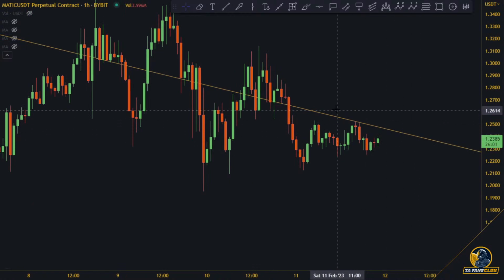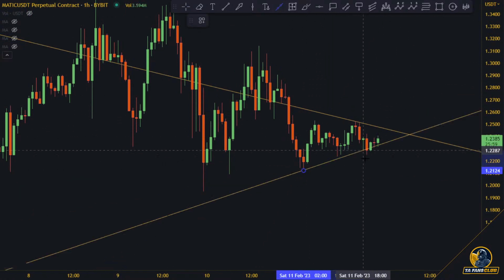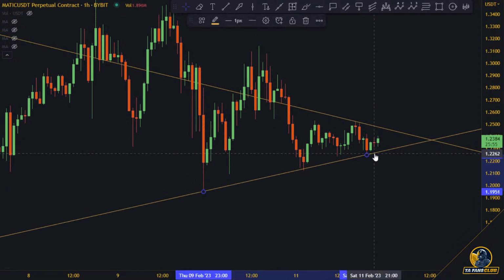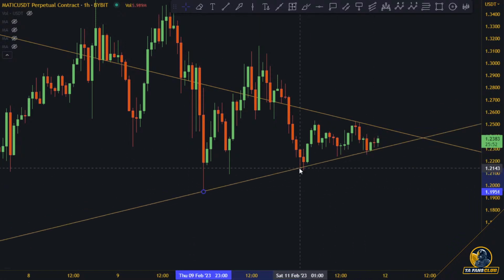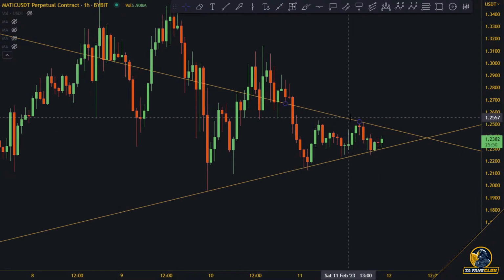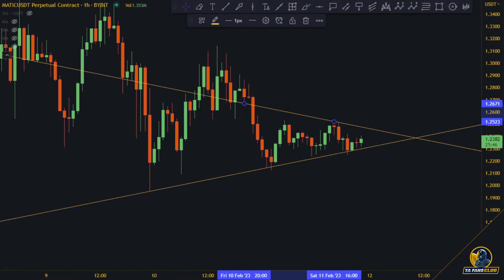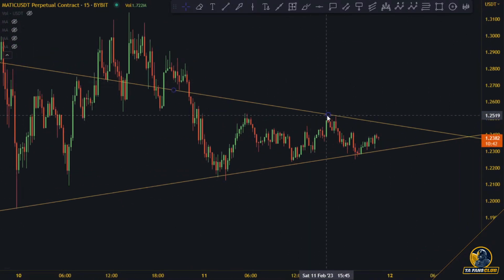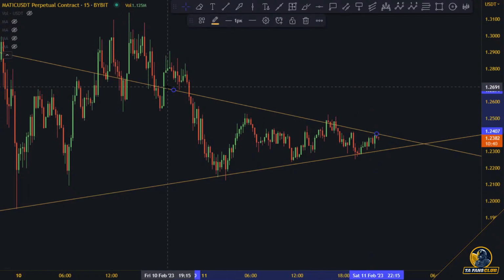Maybe something like this over here. Give or take, it's gonna create a triangle, and the triangle should be down here, I think.